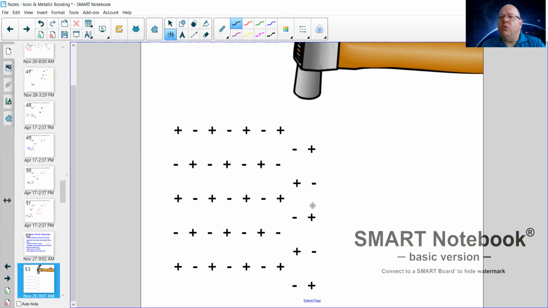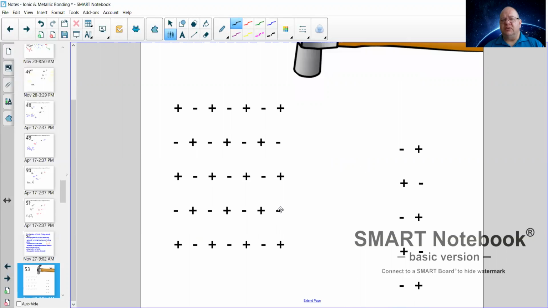So if you move those ions from those positions, you're going to start creating repulsions. So when we hit this and we push some of these ions out of place, now you create repulsion and this piece breaks off.